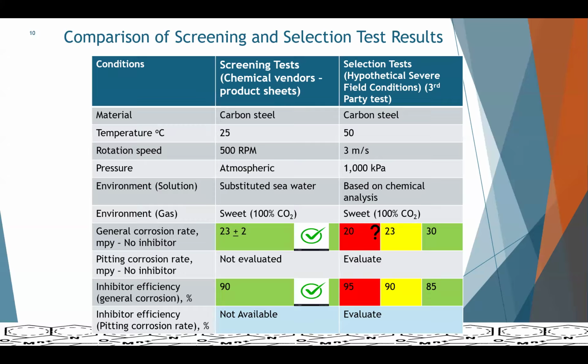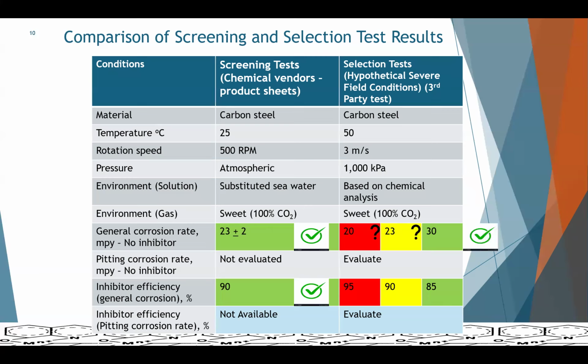The first question is, if they produce a corrosion rate of 20 mils per year, which is less than the standard corrosion rate, then you should question them. Hey, why is there a difference? If they produce a similar corrosion rate range, we can accept it or we can question them.